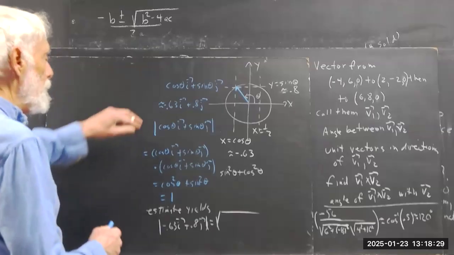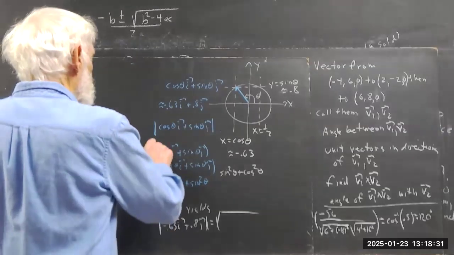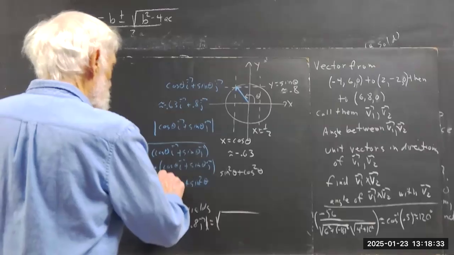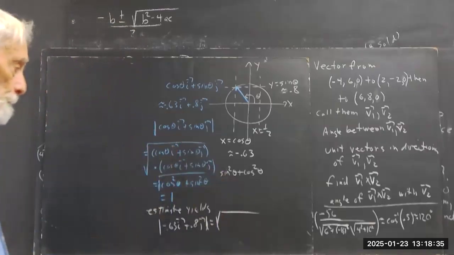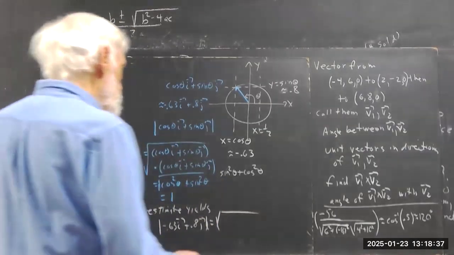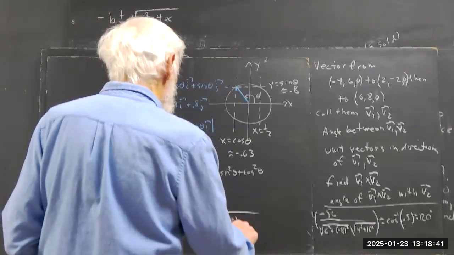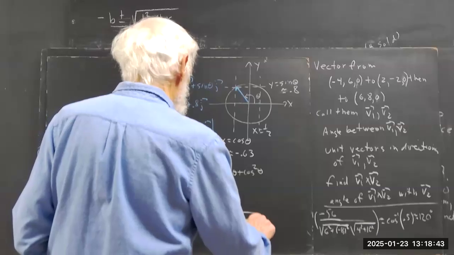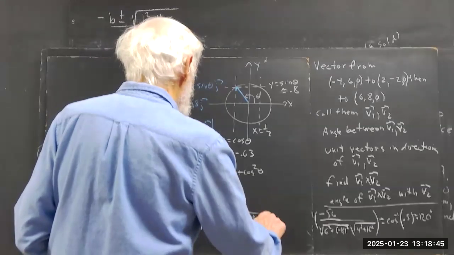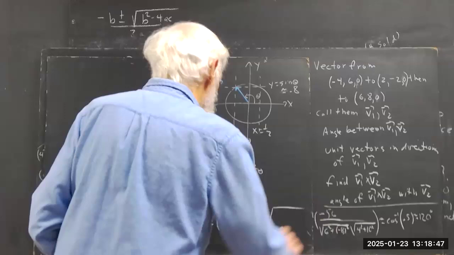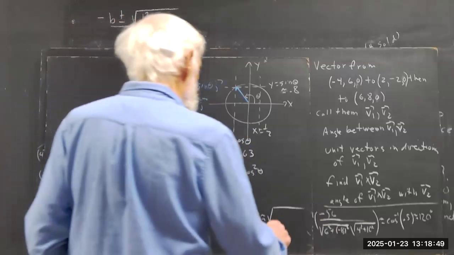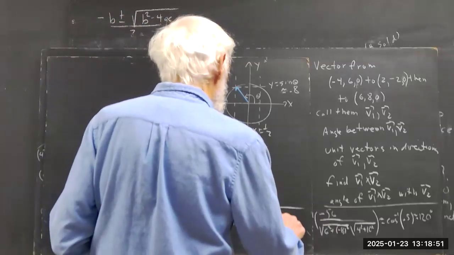And incidentally, the magnitude of this is the square root of this dot product, so it's the square root of this, which is still 1. Okay, so this would be 0.63 squared is about 0.4.